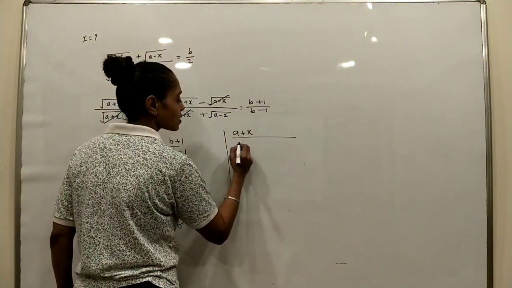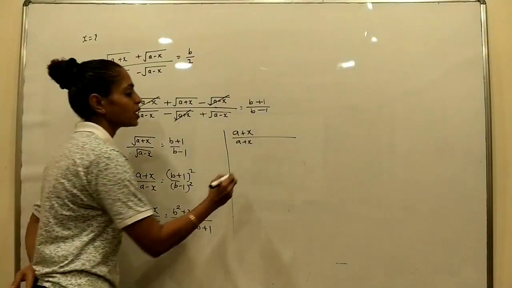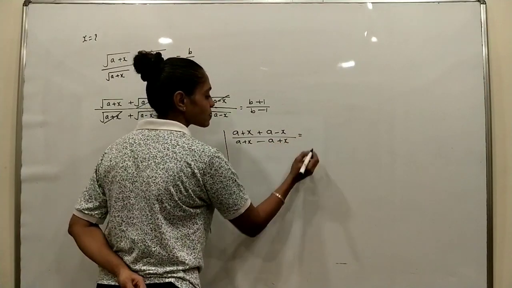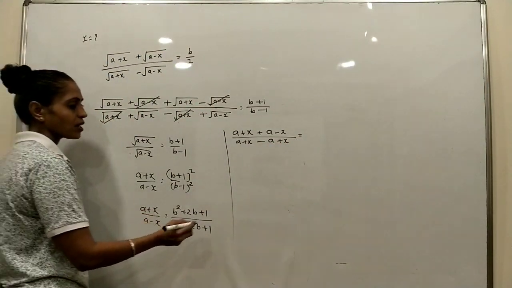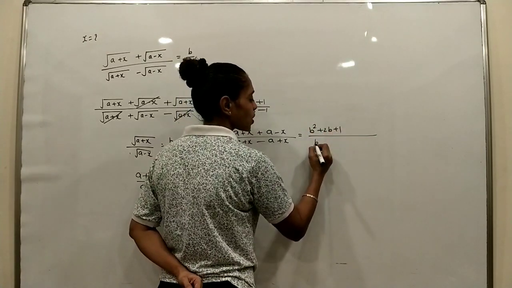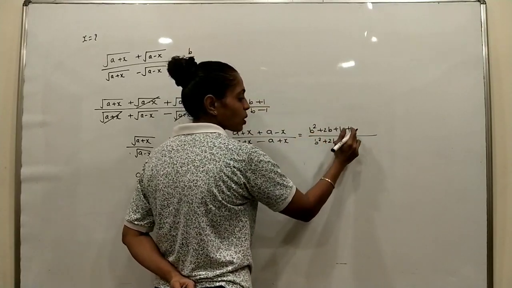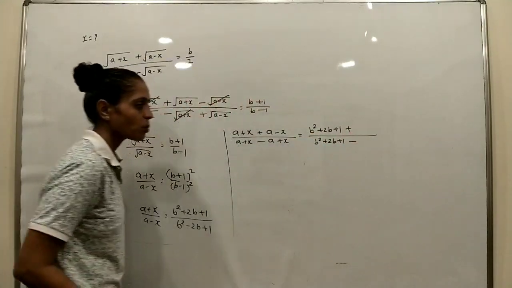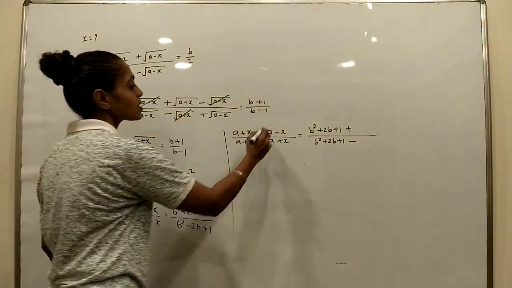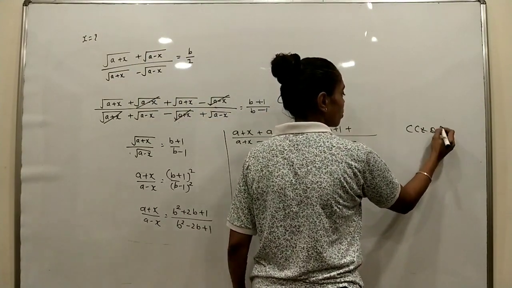a plus x is the numerator plus denominator minus denominator, a minus x minus a plus x. Numerator b square plus 2b plus 1, b square plus 2b plus 1, this is numerator plus denominator minus denominator plus denominator and b square minus 2b plus 1. This is componendo and dividendo. Here also componendo and dividendo.